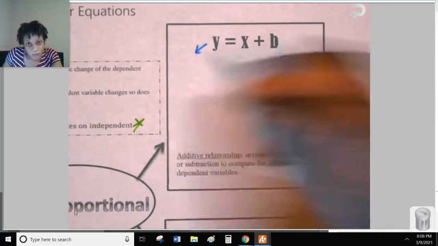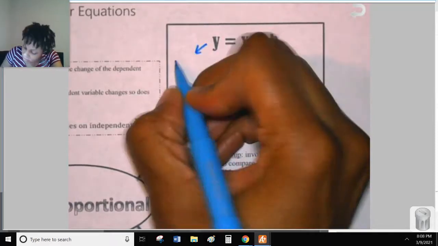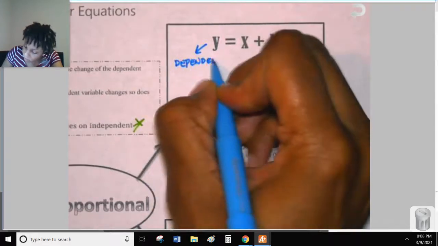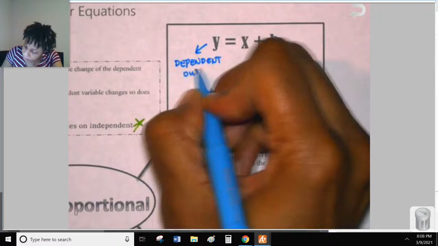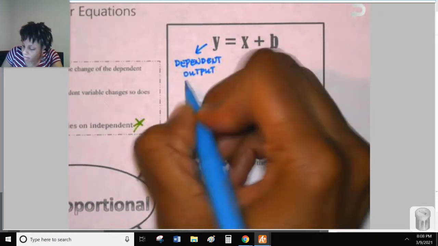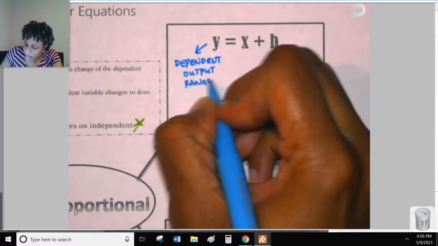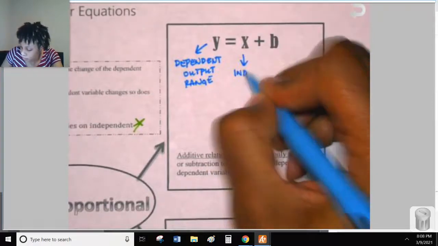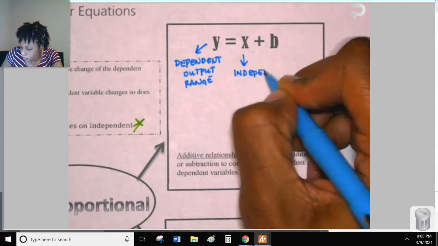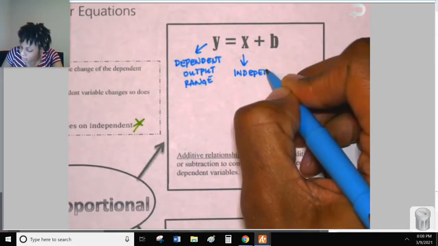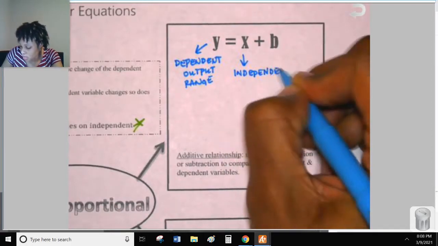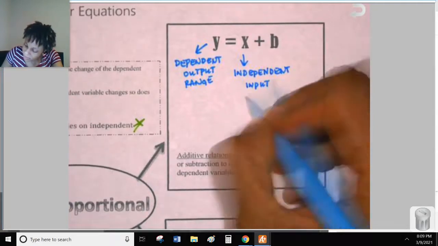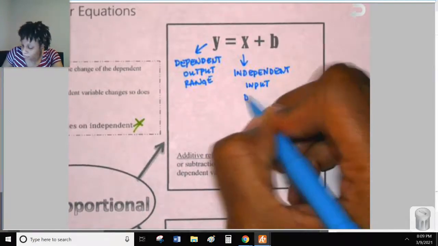So just like in non-proportional, our y is our dependent. It is our output. It can also be called our range. Our x, of course, is our independent. It is our inputs. It can be called our domain.